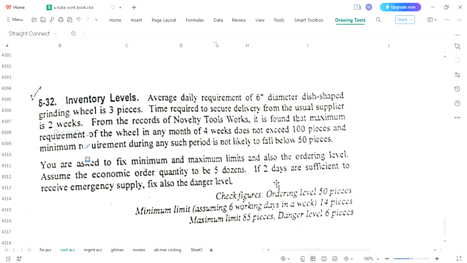Somewhere we are finding days, somewhere we are finding weeks, and there are pieces and dozens. Dozens and pieces are different to each other. Either some quantity should be in pieces or quantity should be in dozens.